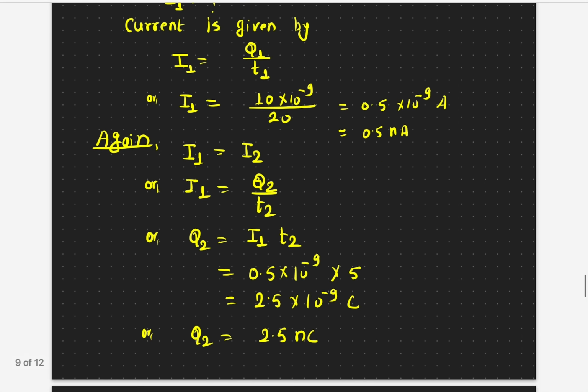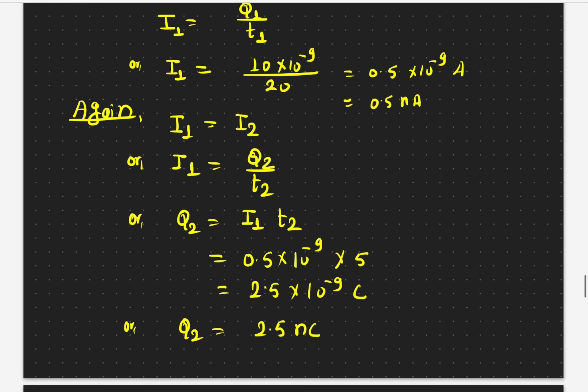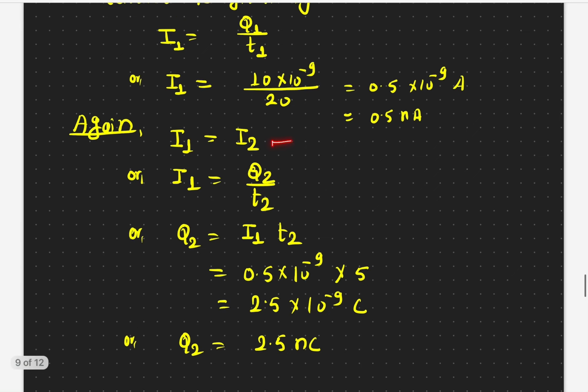Or in other words, I can find out in a different way. The current will be exactly the same because it is a steady current, homogeneous current. So I1 and I2 is Q2 divided by T2. Okay, and Q2, if I solve for the charge, it will be I1 times T2.